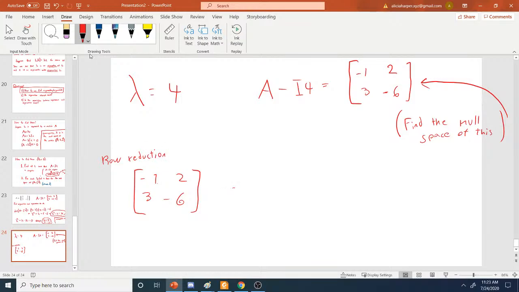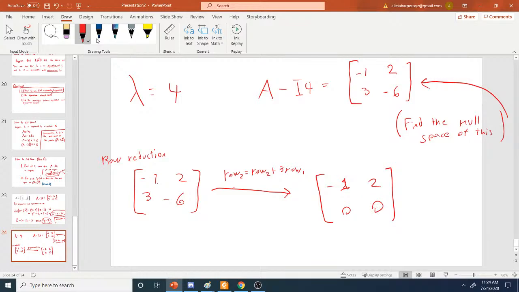I'm going to note that I can set row 2 equal to row 2 plus 3 times row 1. If I do that, I get the matrix -1, 2, 0, 0. So this is a very, very simple row reduction.